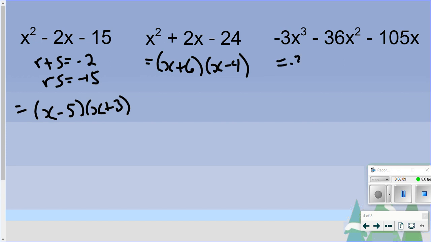In this case, 3x is the greatest common factor, negative 3x. This is where having that positive x squared comes in handy because we don't know how to factor with a negative x squared. We'll look at that next class, but even once we learn how to do it, it's still harder than a positive x squared.